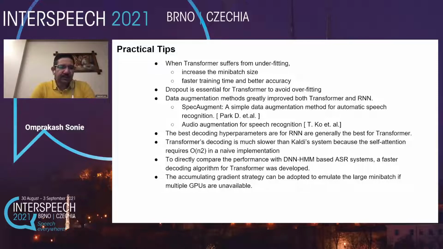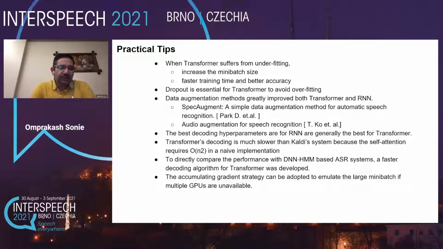And in the case of the transformer, because it has to compute the self-attention over all the n inputs, the naive implementation is slower. So what the authors did in this paper is implement a faster decoding method.